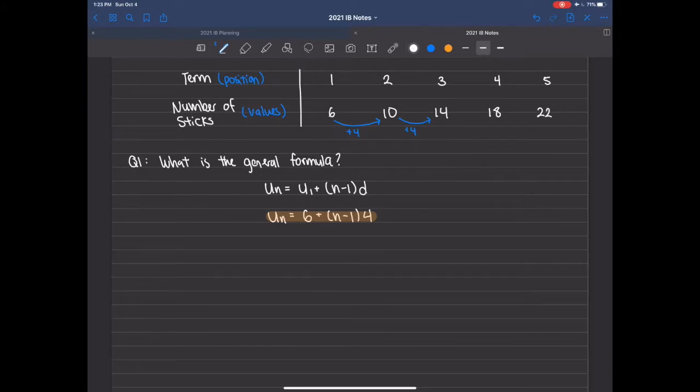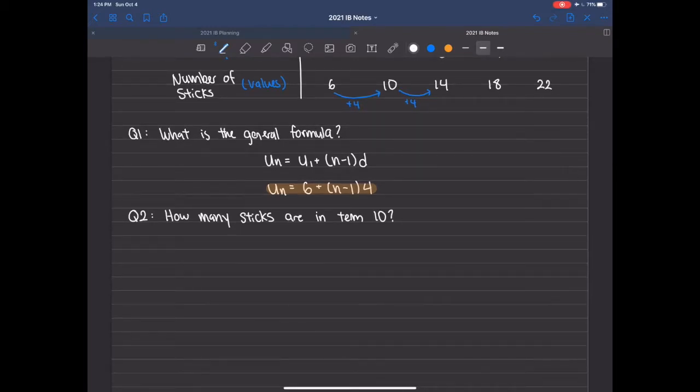And you might also ask the question, well, now that we have a formula, we can figure out how many sticks are in term 10. And so that would be the same as asking, what is the value of u sub 10? So we can figure that out using our answer from question 1. So u sub 10 is equal to 6 plus, and now for n we're going to plug in 10 because we want to know specifically about the 10th term.